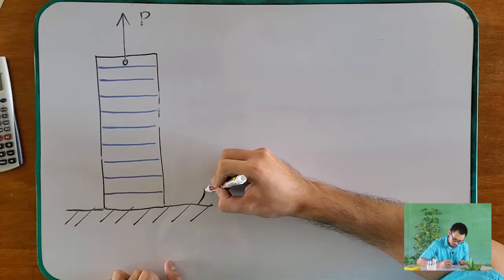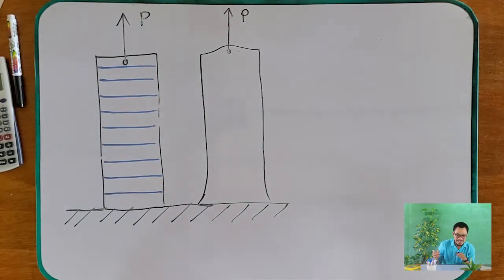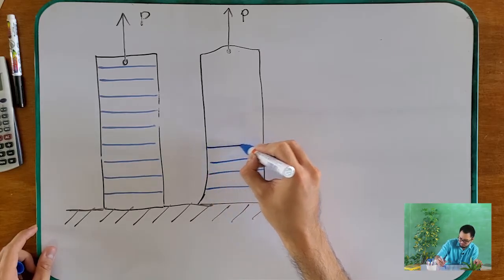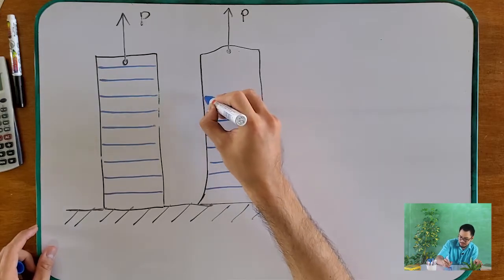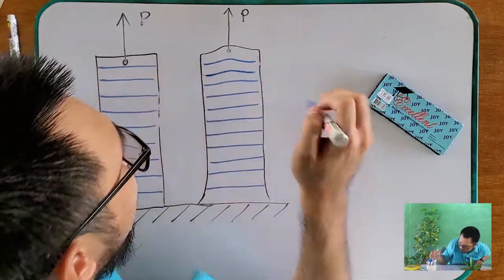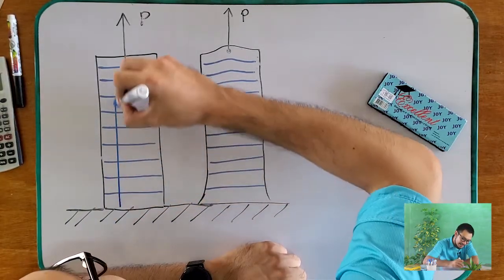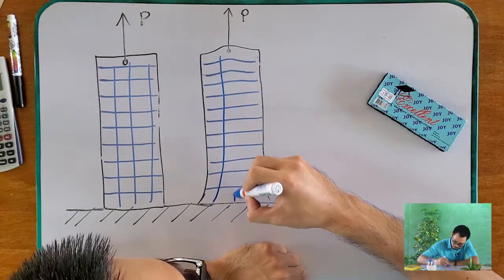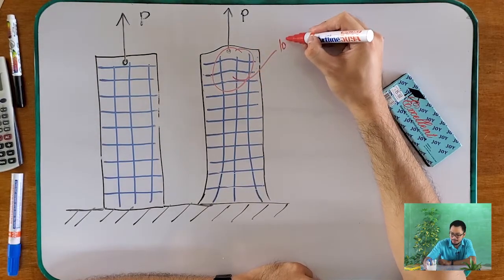But now, if we are going to apply the force of P on our bar, what will happen? Our rubber bar will deform. And what will the bar look like? This is what happens to the guide lines. Assume that they are straight. If we put vertical lines on our undeformed bar, they are straight. This is what also happens to them. This is localized deformation.